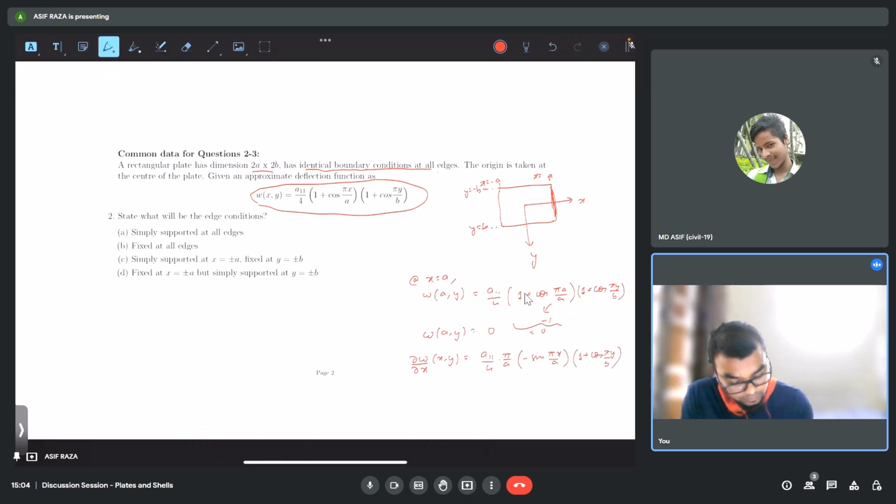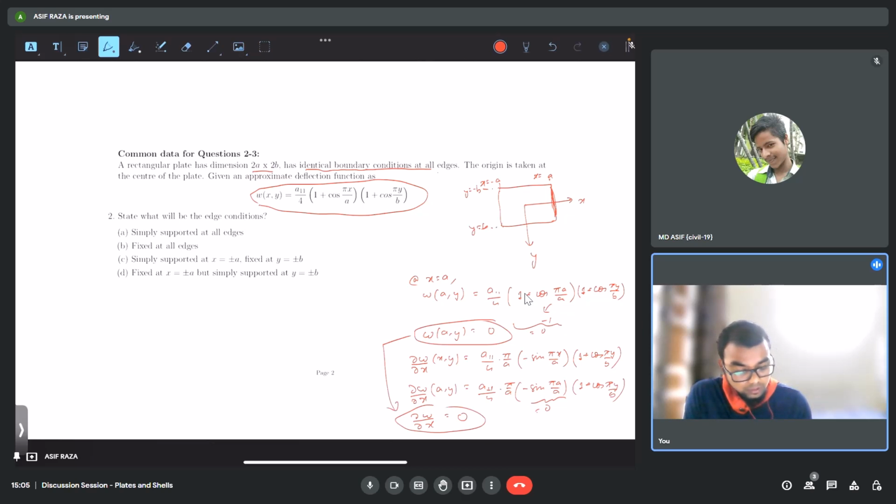And if we substitute x as a, we get minus pi by a sin pi a by a times (1 plus cos pi y by b), and this will give me 0. So as a result we have the slope at this point as 0. So at edge x equal to a, we have the deflection and the slope come out to be 0.